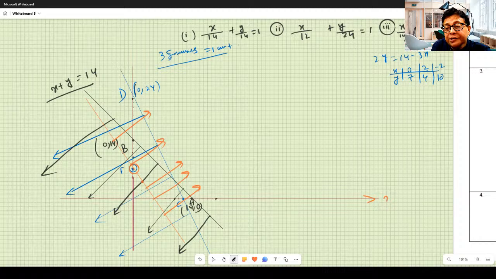And additional condition is x, y greater than or equal to 0. It means the solution will be in the first quadrant. This is 0, 0, 14, 0, 0, B, and F. F how much? I wrote there 0, 7.